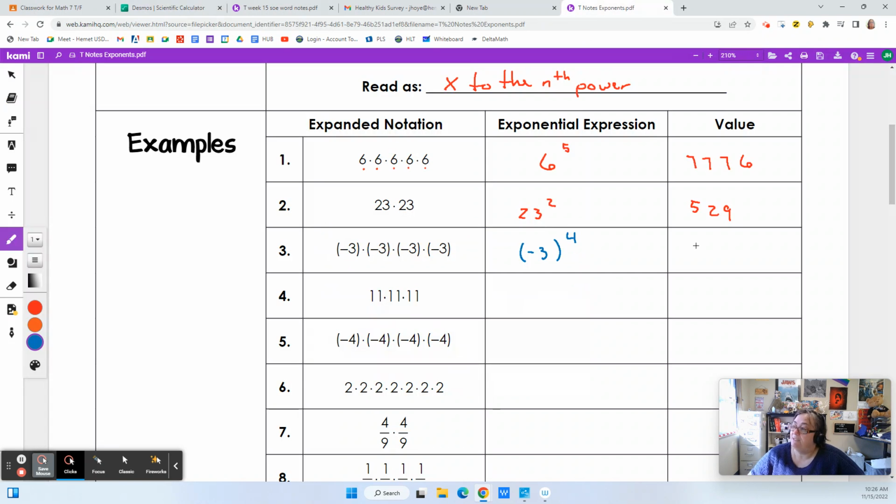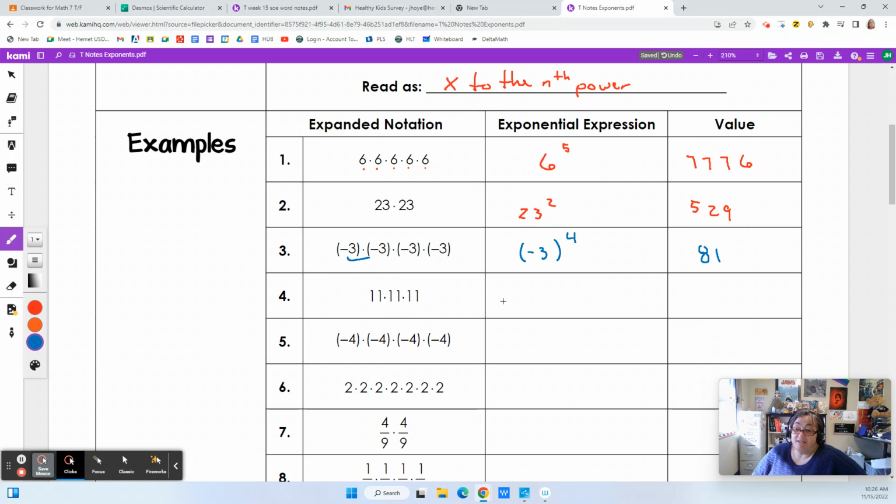Anybody know why that might be? It's going to be positive 81, Leah. Think about this. What is -3 times -3?